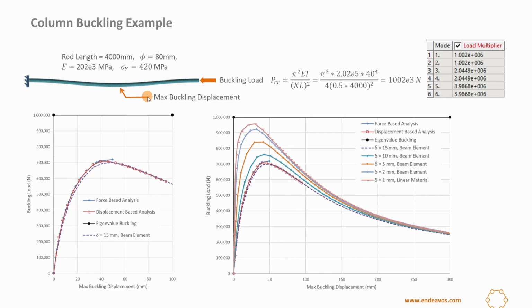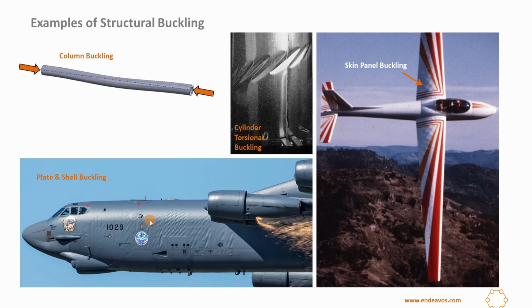Somebody might say that this displacement and this displacement is correlated. In this simple rod example, that is the case. These two might be correlated, but let me clarify this with a better example. Here in this example of B-52 in flight, what's important is that the fuselage maintains its horizontal orientation with respect to the airflow.